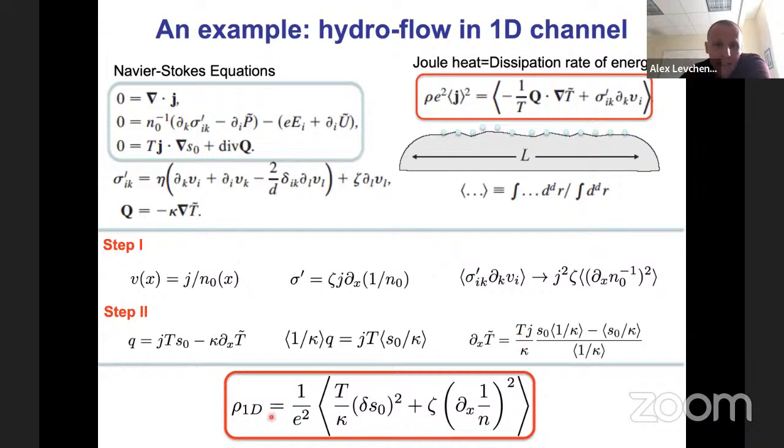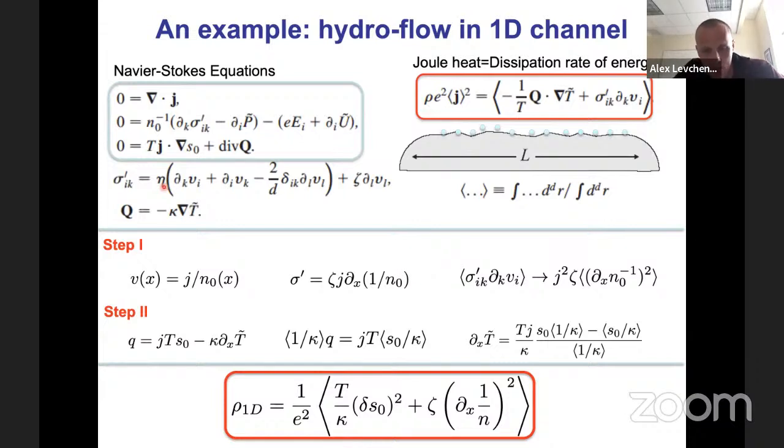So in 1D, the resistance is the conductance quantum, temperature divided by thermal conductivity, multiplied by entropy per particle squared. And then the second term is bulk viscosity times the gradient of inverse density squared. Now in 2D, there will be a factor of 2 in the overall prefactor, and the second term, which is the viscous term, should be generalized. You need to add an additive contribution from the shear viscosity here.